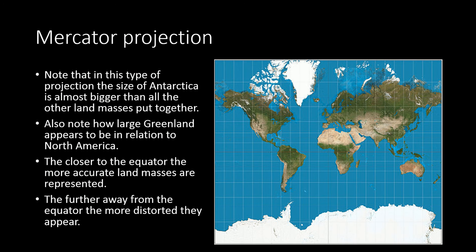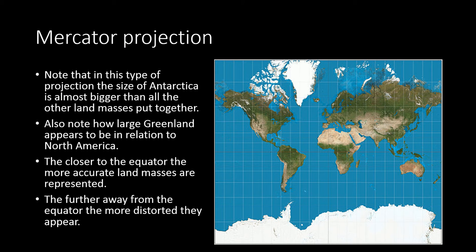All right? And so here is an example of the Mercator projection again. In the previous lecture, I showed you how big Antarctica was. Look how big Antarctica is here. It's bigger than all of the other continents put together. You saw how big Greenland was. I made a point of saying, hey, look at Greenland.